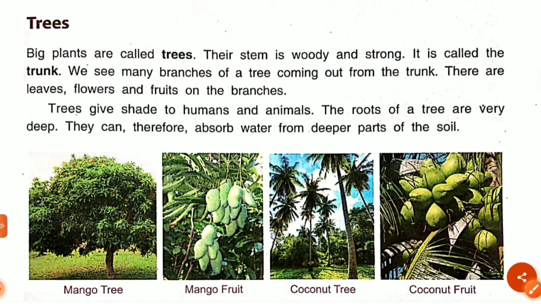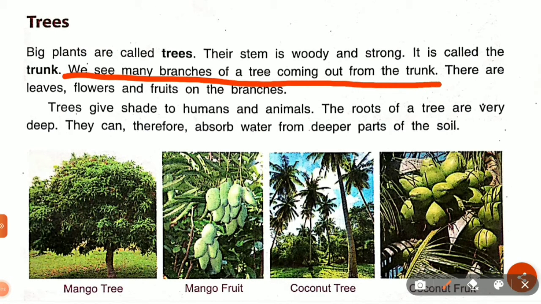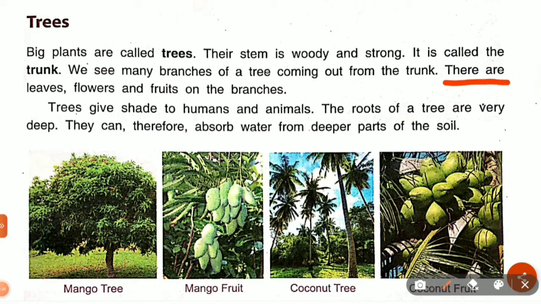So where is the trunk? This is the trunk. See, this is the trunk of the coconut tree. Okay, all right. So there are leaves, flowers and fruits on the branches.